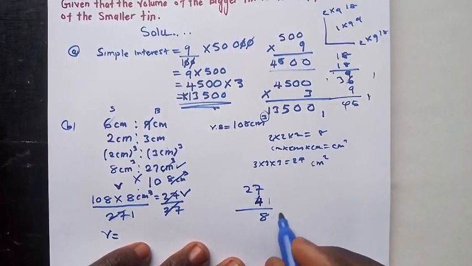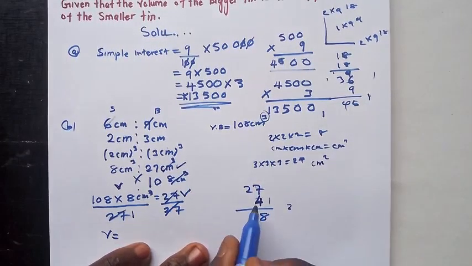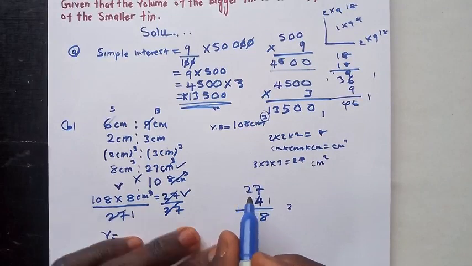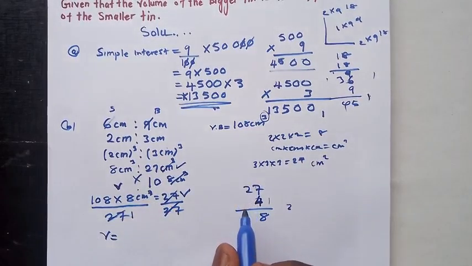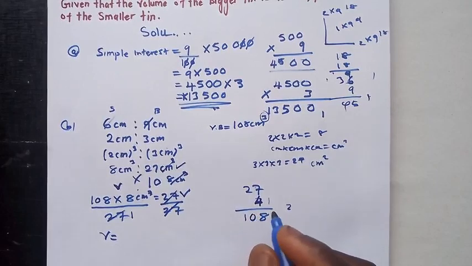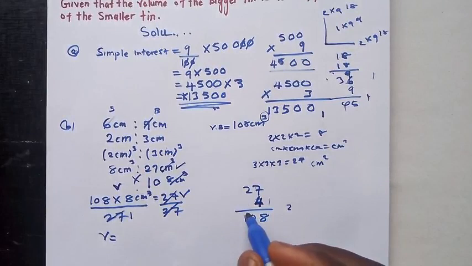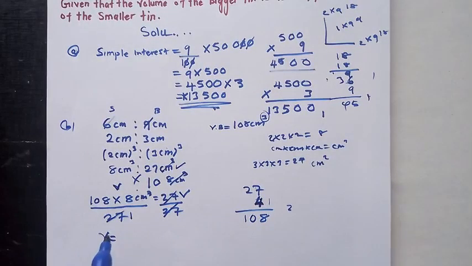So I'm going to write 8 remainder 2. Then 4 multiplied by 2, I'm going to get 8 plus 2, I'm going to get what? 10.